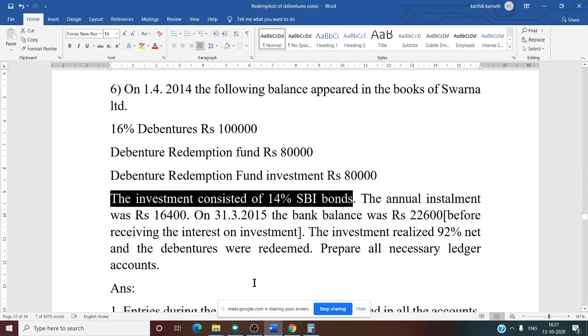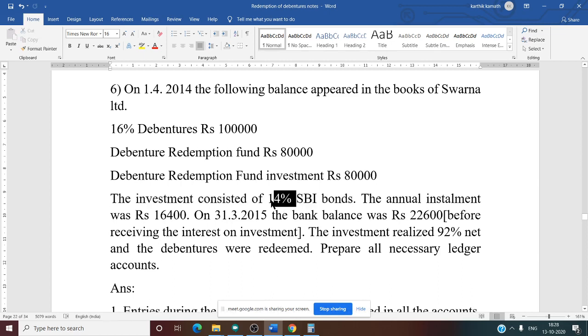That means 14% is our rate of interest, specifically mentioned in the problem. When you are investing in a bond, you will get the rate of interest specified on that particular bond. In this SBI bond, they have specified 14%. So 14% is the return the company is going to get.